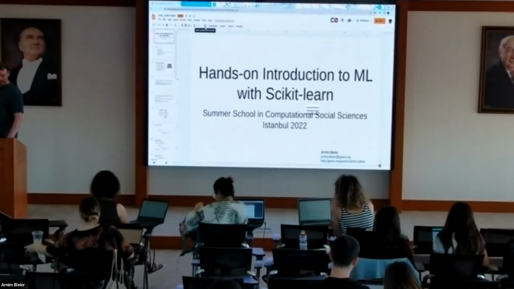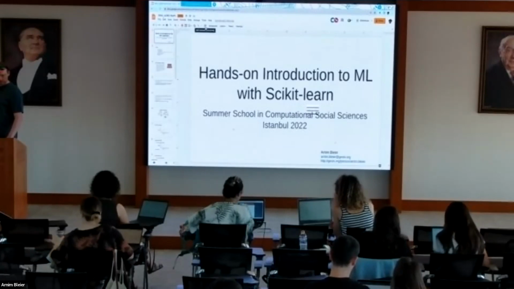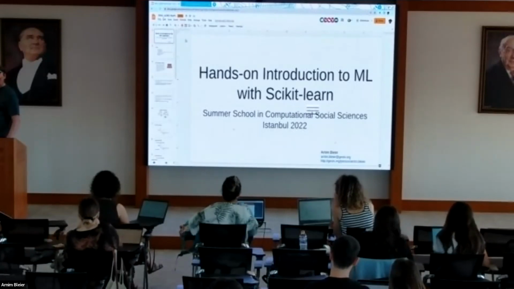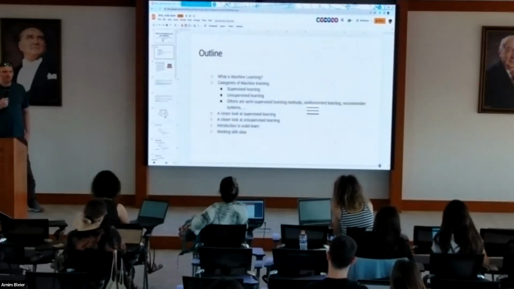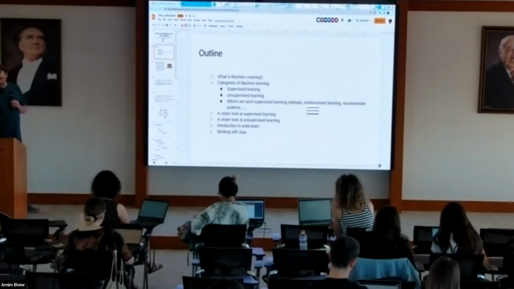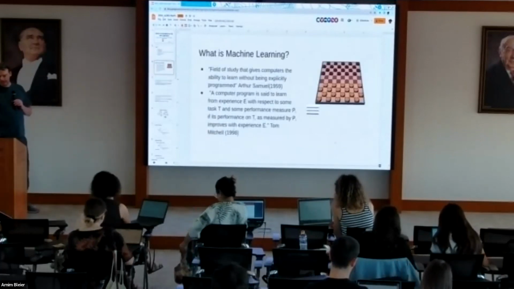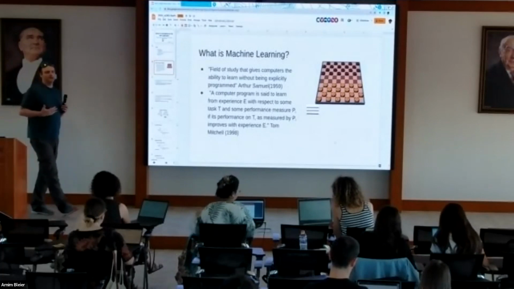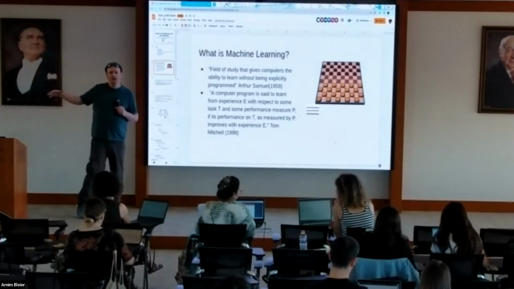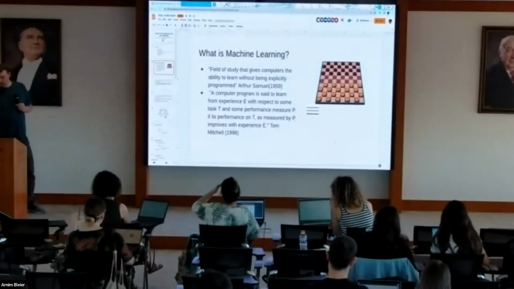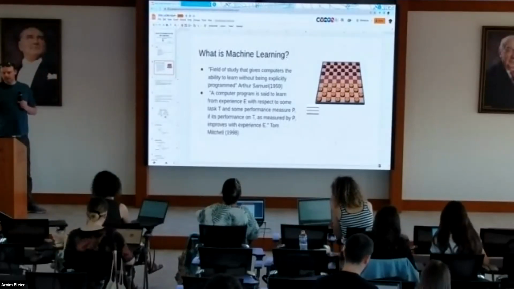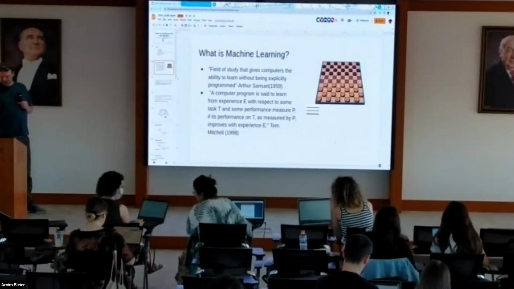Let's see if we can turn it into full screen. So that would be the welcome slide, first of all. What is machine learning? It's something we are going to tackle a little bit. We have already seen it's basically a field of study that tries to go away from explicit programming, using examples to optimize a program with respect to some certain output.